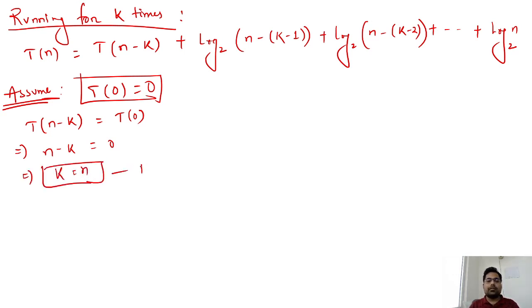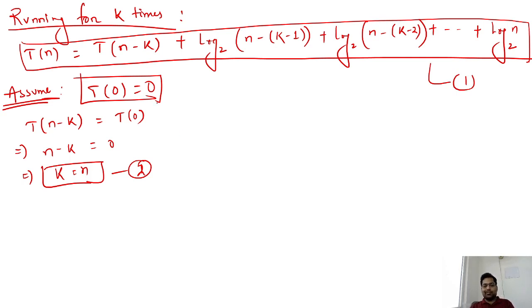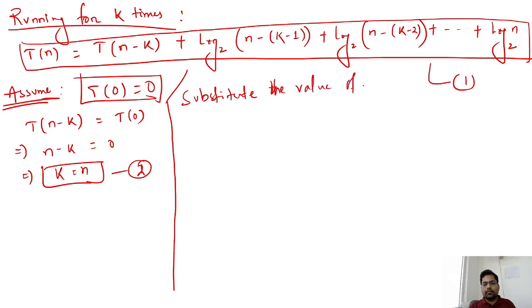Simple. This is your equation 2, suppose, and the value which you got for this function is your equation number 1. Now you substitute the value of k in equation 1.